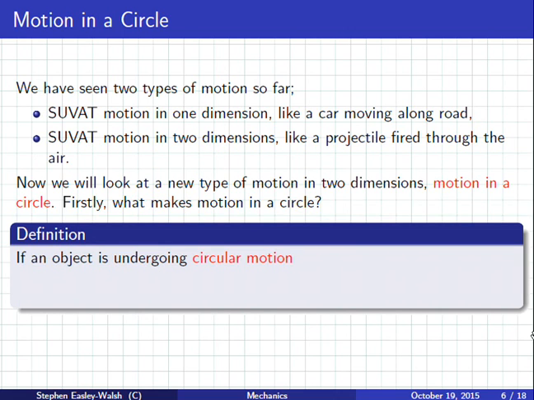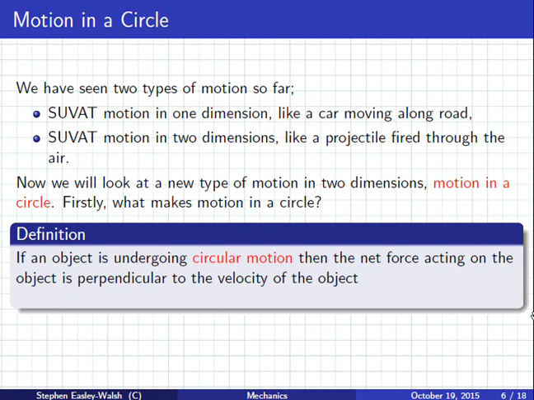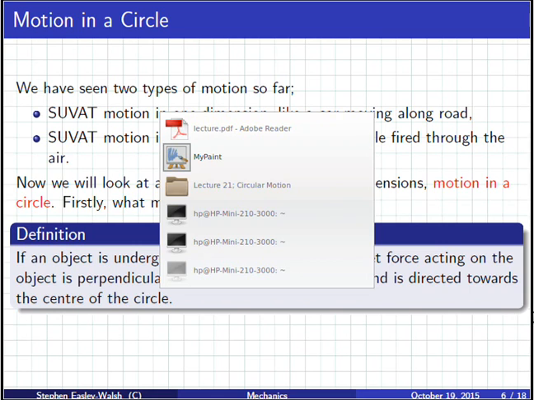So what makes something go in a circle? If something is moving in a circle, then there's a force acting on it, of course. And the force is perpendicular to the velocity and directed towards the center. You need to write that down, but you can write it in a minute. Let me just draw it first.